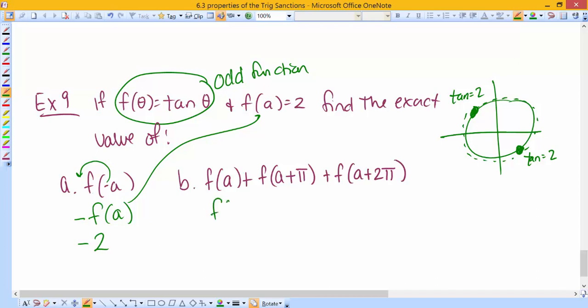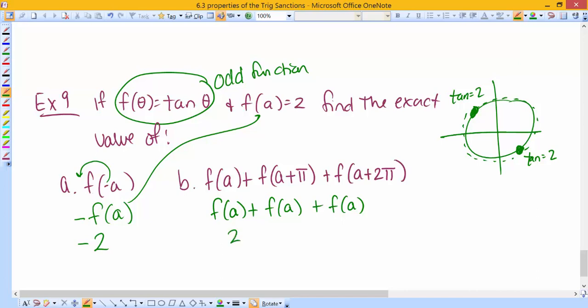So this means that if I'm going to add pi, I end up back at the same answer, which will be f of a. Here I'm starting at f of a, and I'm going to add 2 pi. And that doesn't matter. I'm going to be back where I started at f of a.